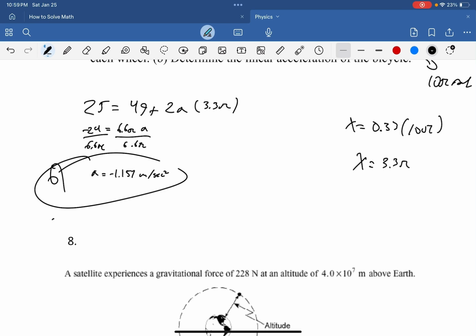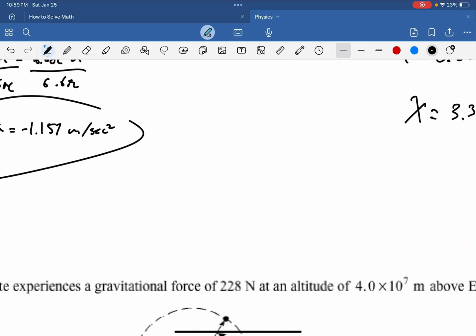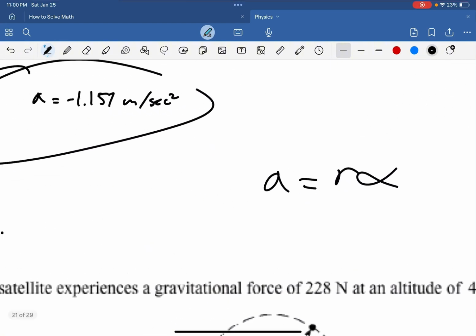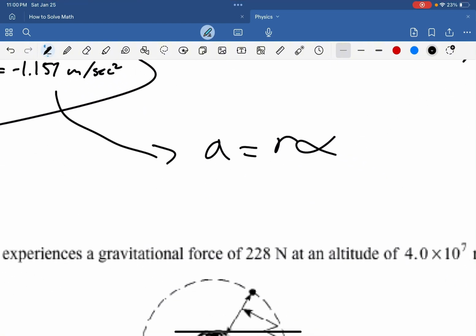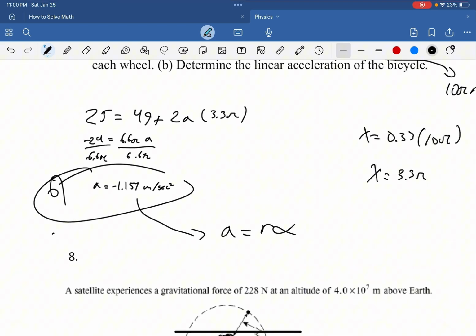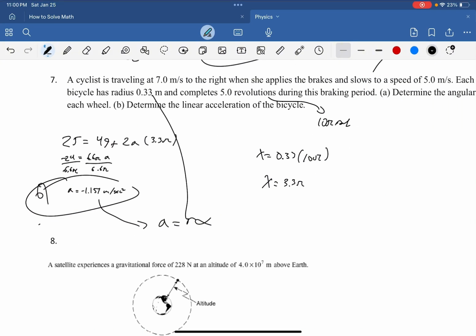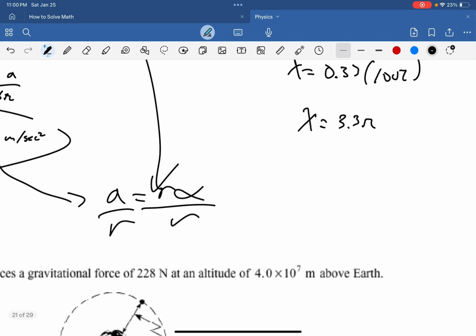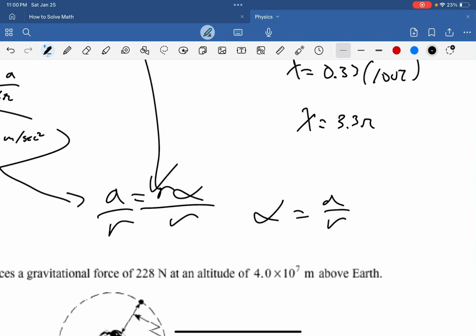Remember to put parentheses. Anyways, knowing that a is equal to r alpha, and we know that this is our a, and this is our radius, so alpha is just equal to a divided by r.